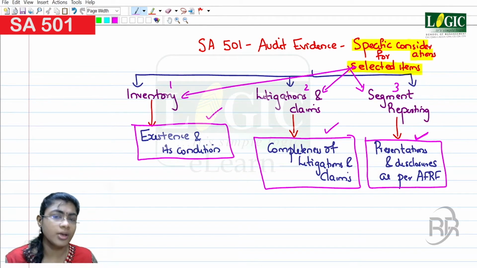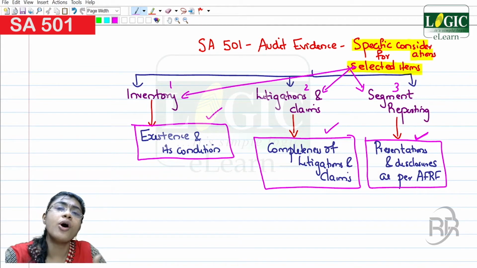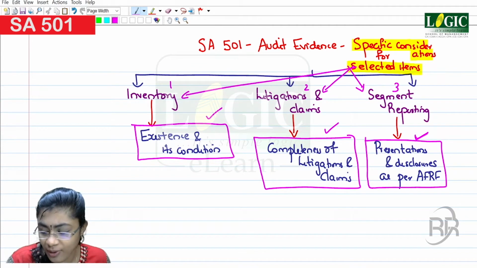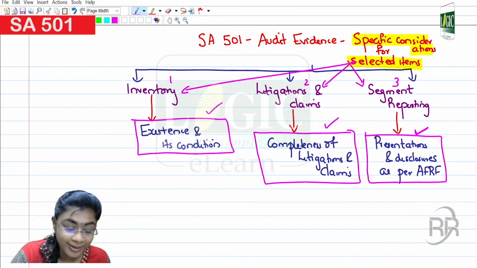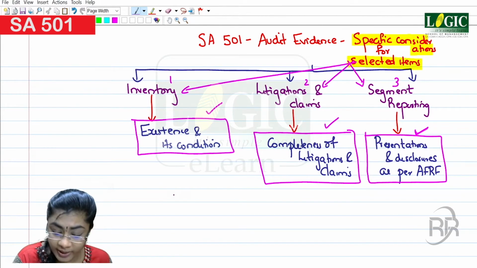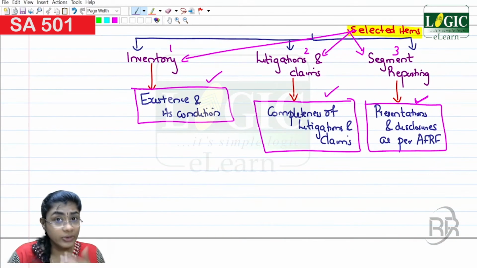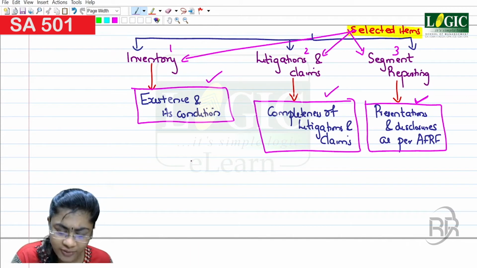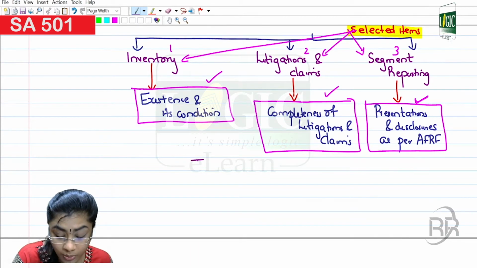Clear? So now you yourself can tell me the objective of SA 501. Do you want to try? Come on. Objective of SA 501 is to, come on students, it is which series? 500 series. So your objective will start with a sentence. What?